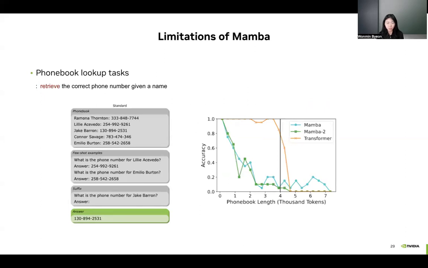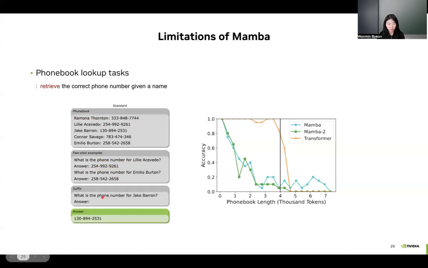Another limitation we found from Mamba is the phone book lookup task. The task looks like this. This is an example. We provide the phone books, basically the names and the phone numbers, listed, and then give some examples, the question with the name, and the answer is this phone number.